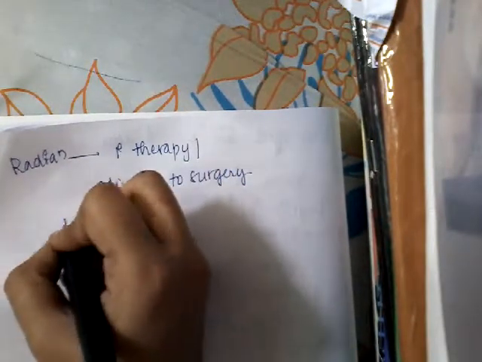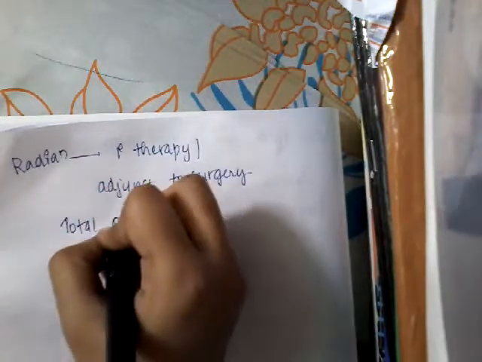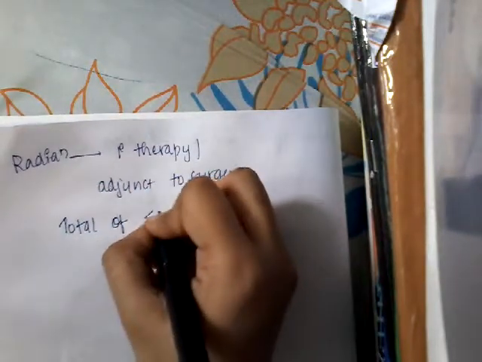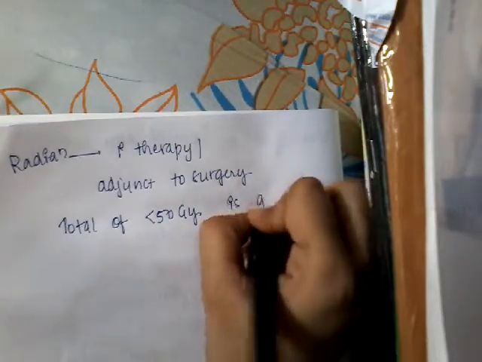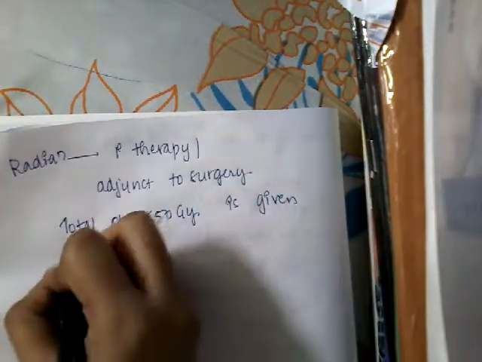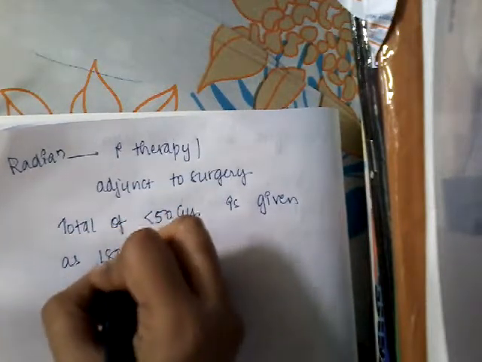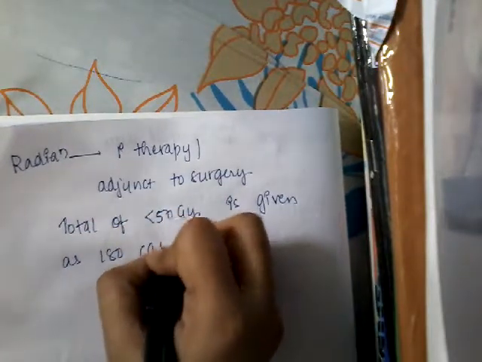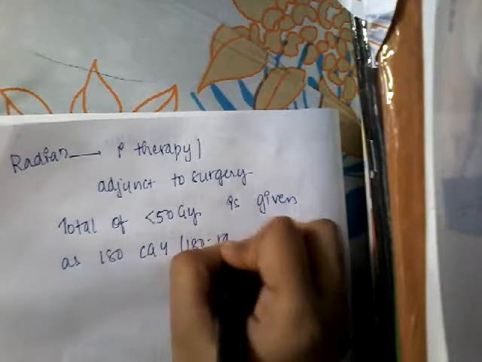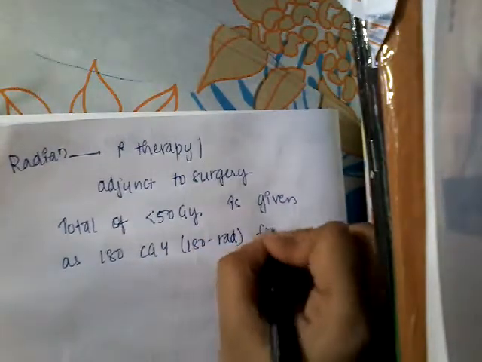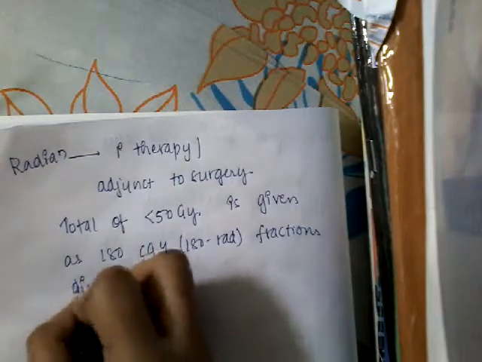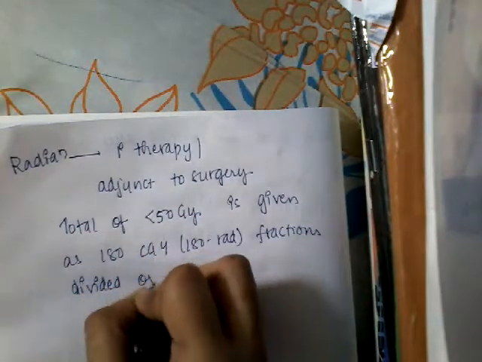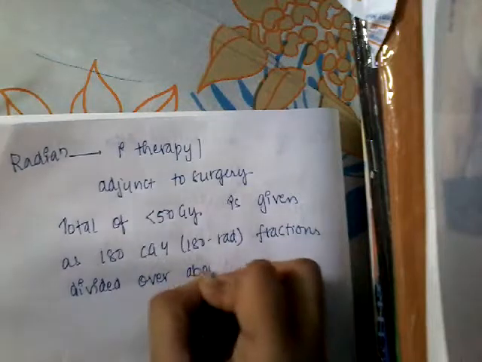First, we give a total of less than 50 Gy, at 180 cGy per fraction, divided over about 6 weeks.